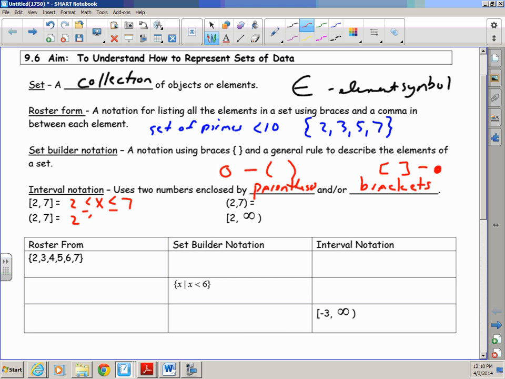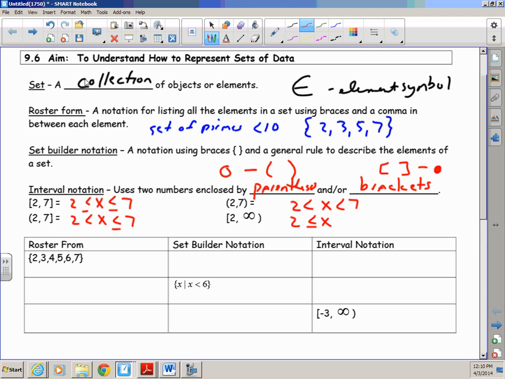Here it would be greater than, less than or equal to. Here it would be no equal to. And if you might remember, the 8 turned on its side is an infinity symbol. So that would be just x is greater than or equal to 2 because it goes on forever.